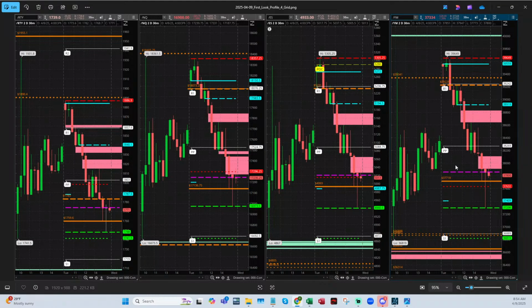So I'm also marking with this solid line your lower excess line, and then these dash lines are splits in the distribution, where you can clearly see that we had swing lows and swing highs.